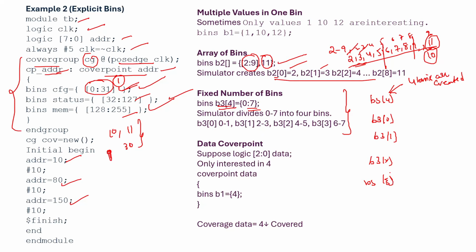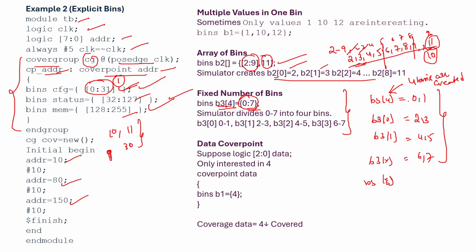In this way 4 bins are created, but the range of values is 0 to 7, right? Then 0 comma 1 is one range, 2 comma 3 is another range, 4 comma 5 is another range, and 6 comma 7 is another bin.